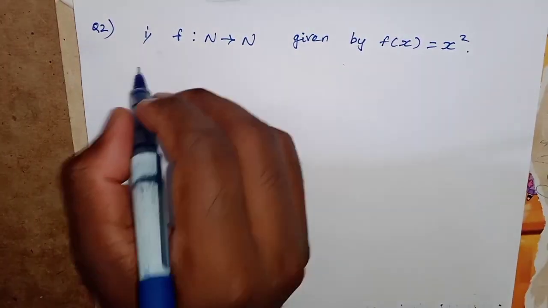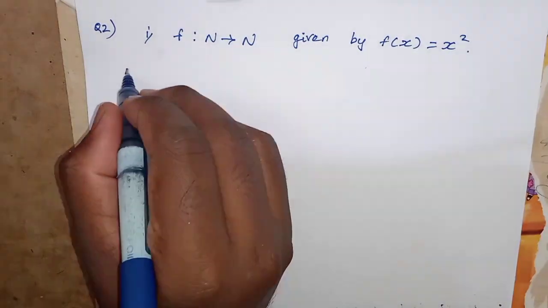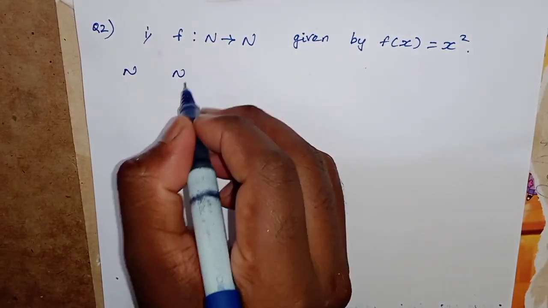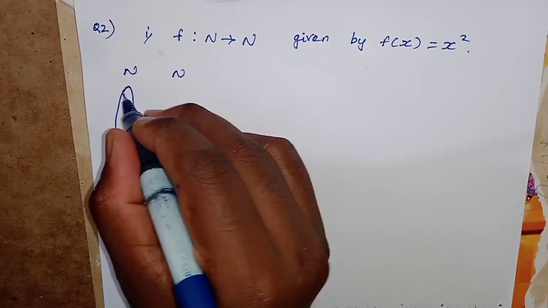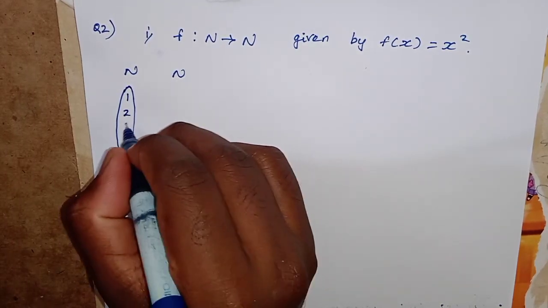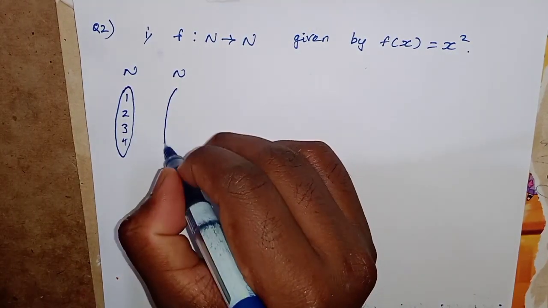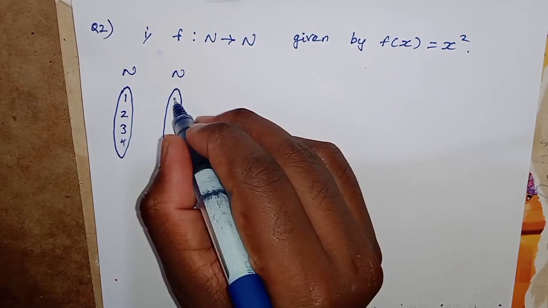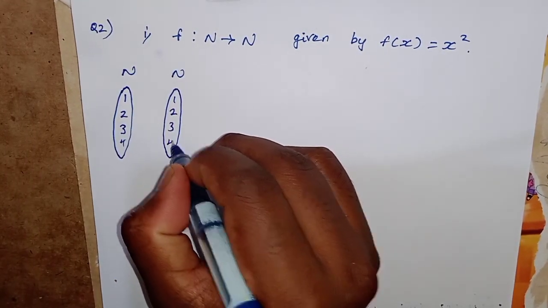Here N is the natural numbers, and here also natural numbers. Natural numbers start from 1, 2, 3 and 4. Here, the same natural numbers 1, 2, 3 and 4.